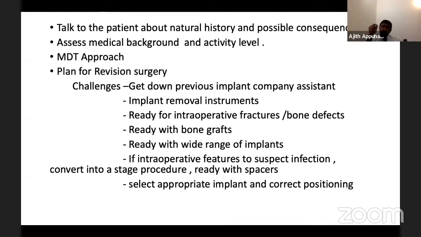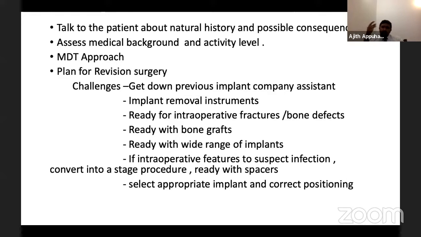Another important thing to mention: imagine you have excluded infection, but once you open, you get some pus, or some suspicious fluid with a quite suspicious appearance. If you are not happy to go with a single-stage procedure, then you can shift to a staged procedure. Be ready with spacers.